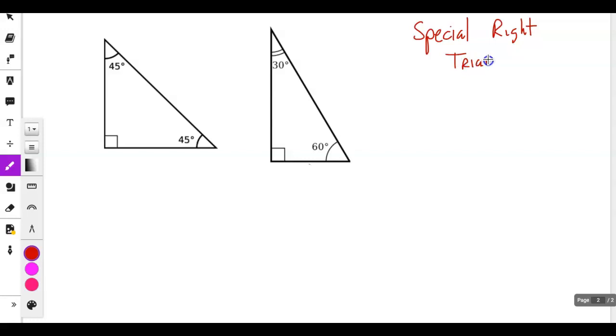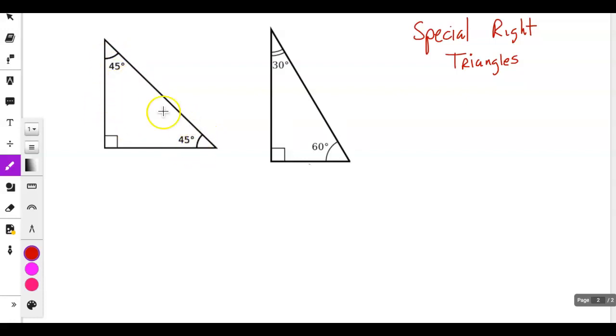The reason they're called special right triangles is that you can find the side lengths without using the Pythagorean theorem or SOHCAHTOA. For example, this one on the left here is called an isosceles right triangle because these two angles are both 45 degrees.